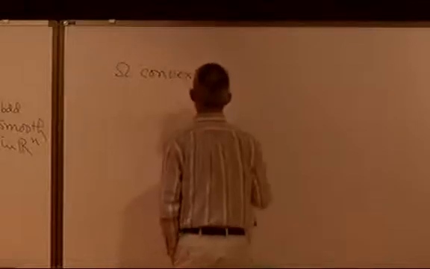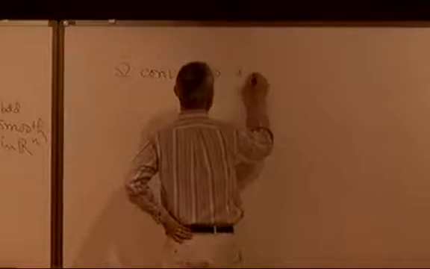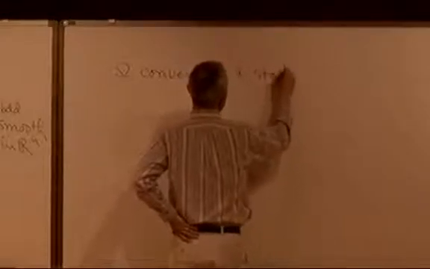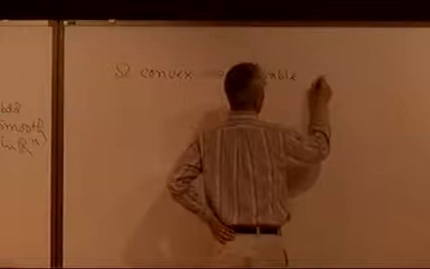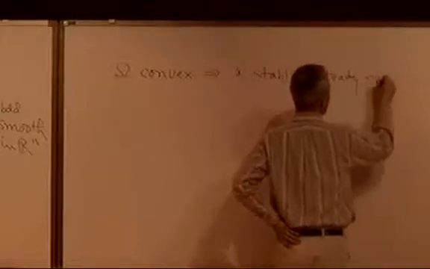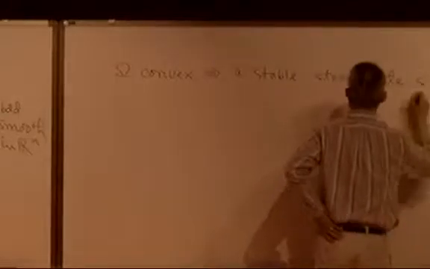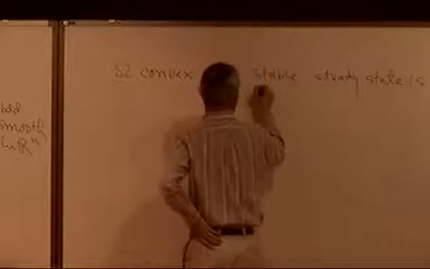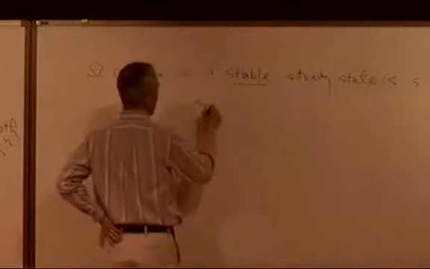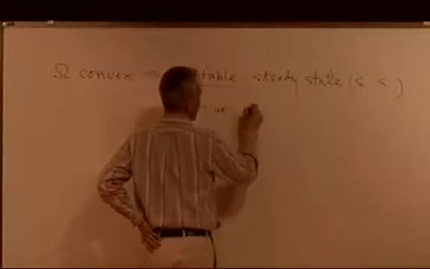So if Omega is convex, then a stable steady state (I will use SS to represent steady state from now on) must be trivial.